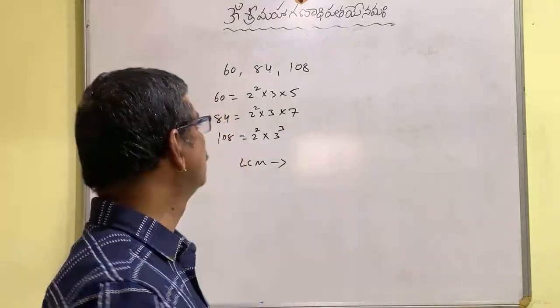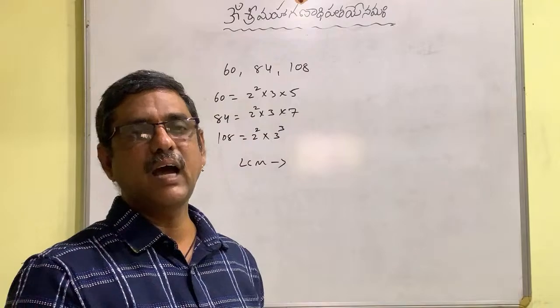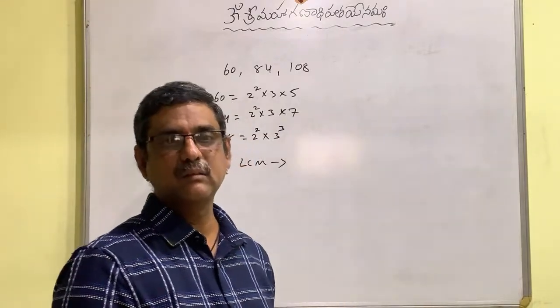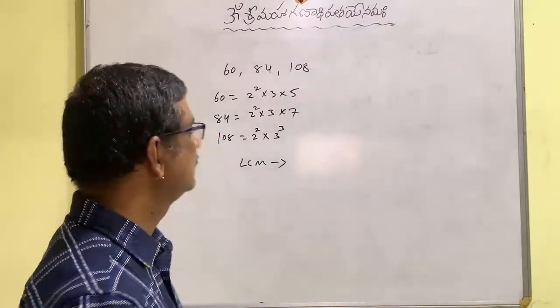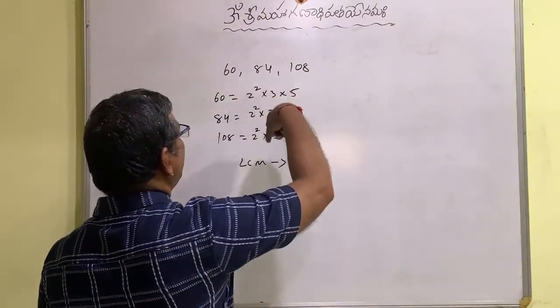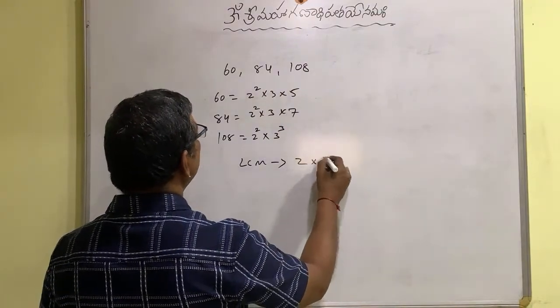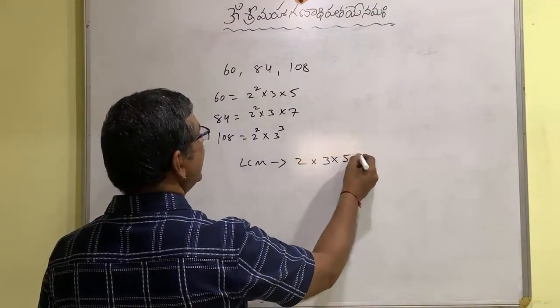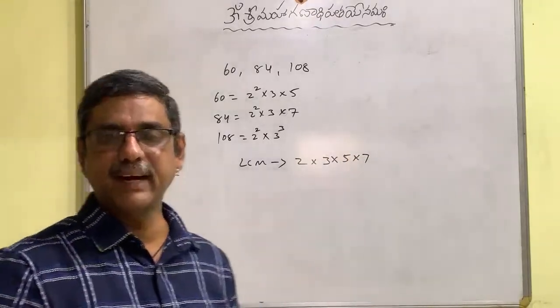LCM I told you, different prime factors with the highest powers. What are the different prime factors in all the three? 2 into 3 into 5 into 7. So 4 different prime factors are there.